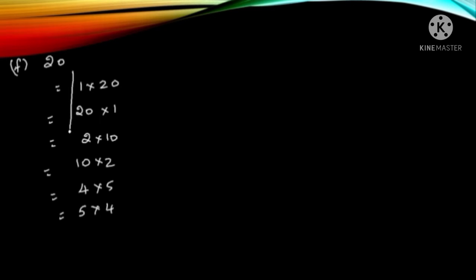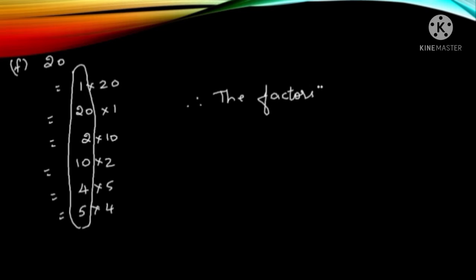So let us write down all the factors. Therefore, the factors of 20 are 1, 2, 4, 5, 10, 20.